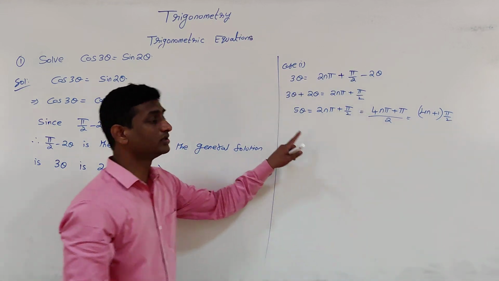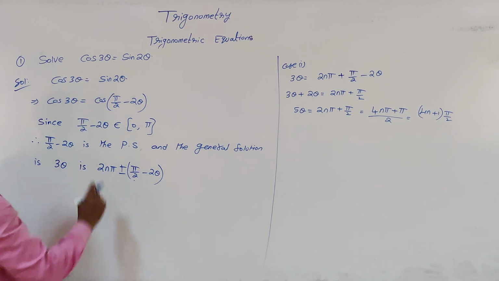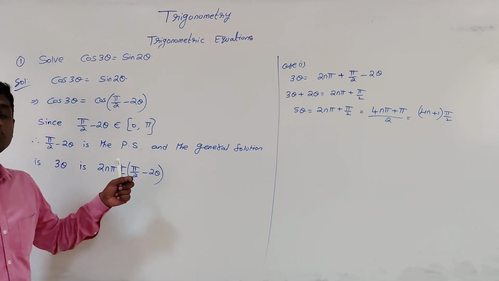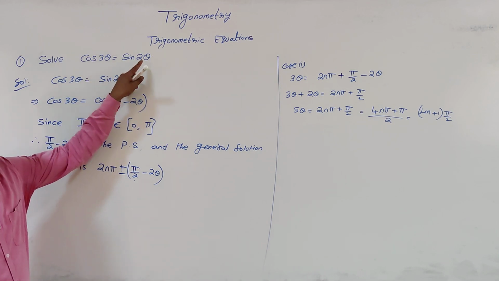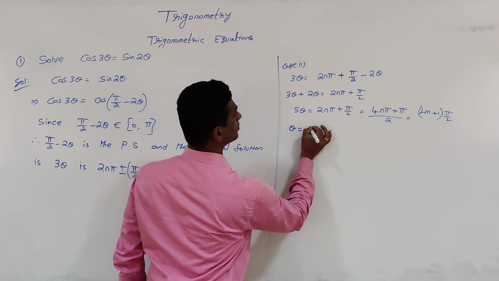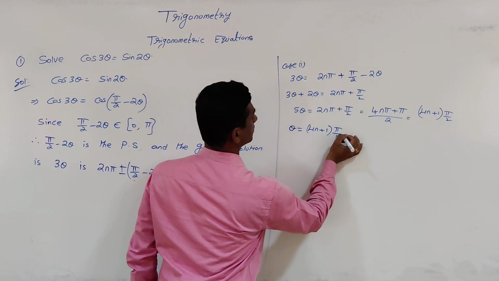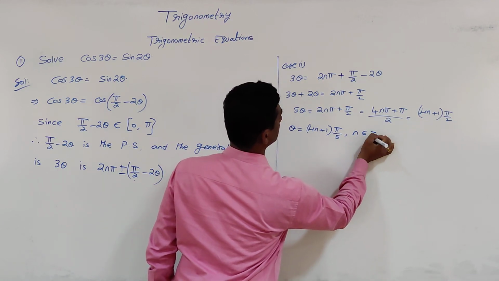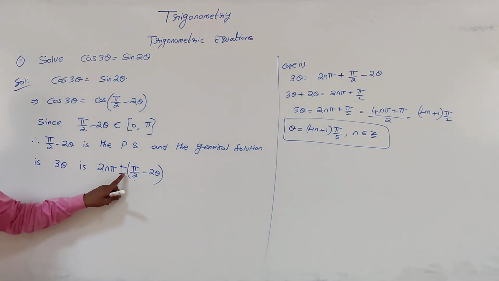That is for 5 theta. But we require theta. Solving cos 3 theta is equal to sin 2 theta means we have to find for what values of theta these two trigonometric expressions will be equal. So theta is equal to 4n plus 1 times pi by 10, where n belongs to Z. This is case 1.